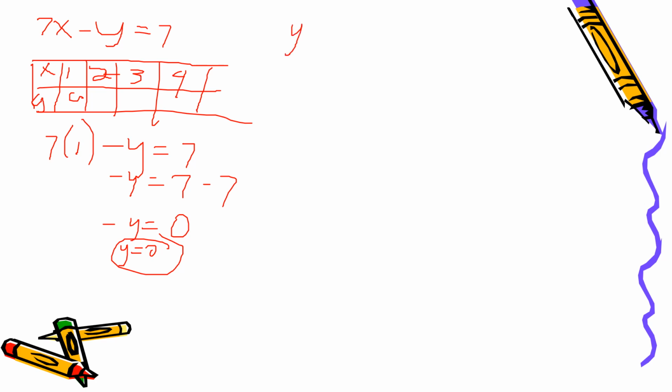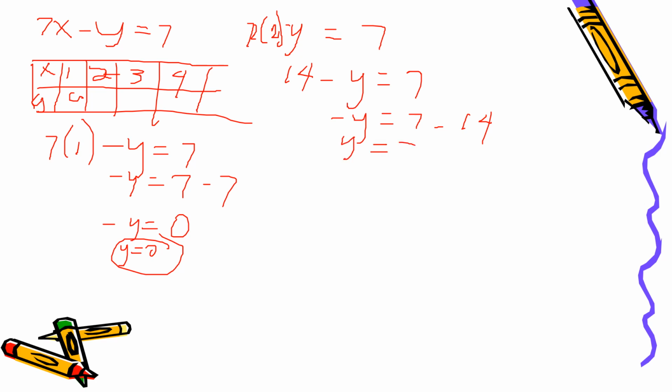So we have 7 times 2 minus y equals 7. So we got here 14 minus y equals 7. So negative y is equal to 7 minus 14, so y equals 7, positive because both are negative.